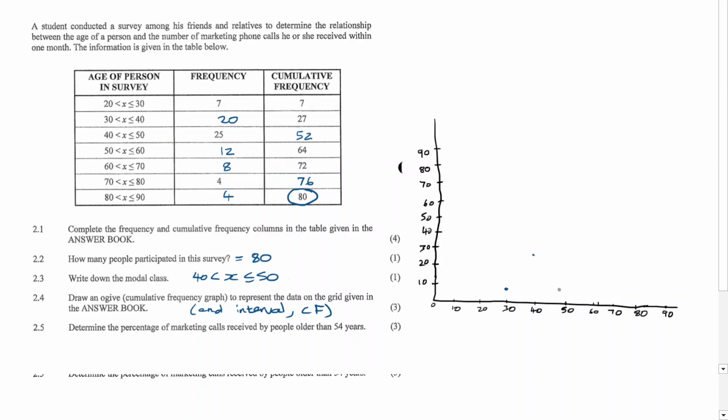Then 50 and 52, 60 and 64, 70 and 72, 80 and 76, so it's kind of tapering off a bit here, and then 90 and 80. And then you ground it at the first number in the whole interval.